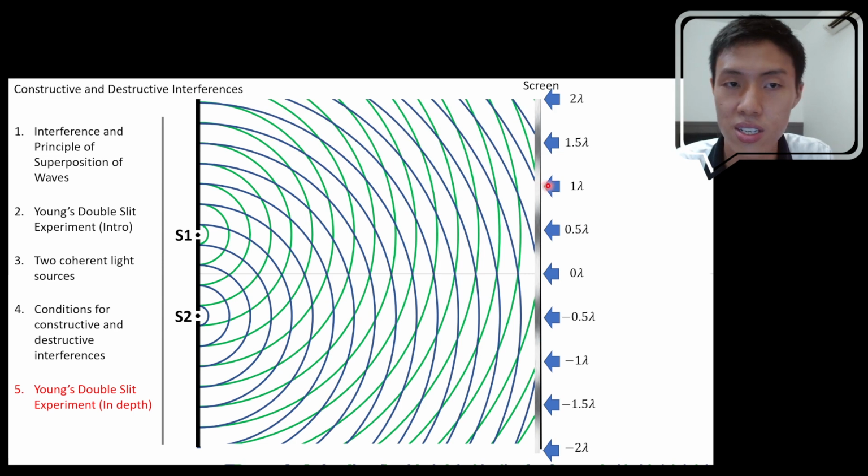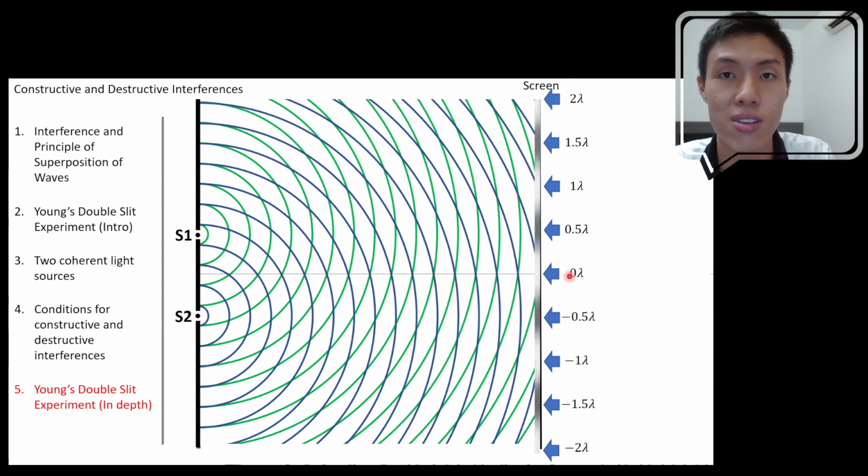R2 minus R1 is 1 lambda. It means that if here you take 12 wavelengths, here you might take 13 wavelengths. If here you take 13 wavelengths, then maybe here you take 15 wavelengths. The difference is 2 wavelengths. The difference is 1 wavelength. So this is it being expressed in terms of path difference.